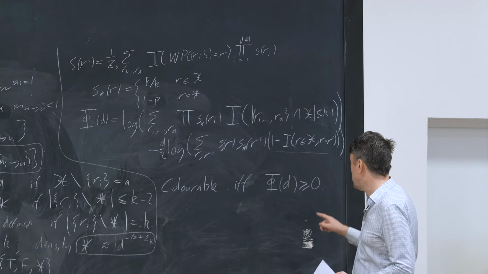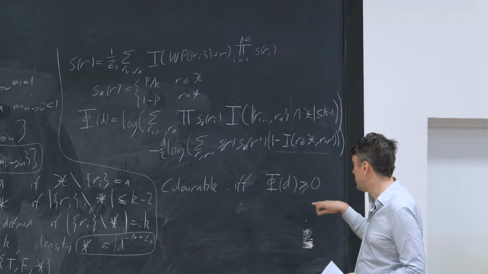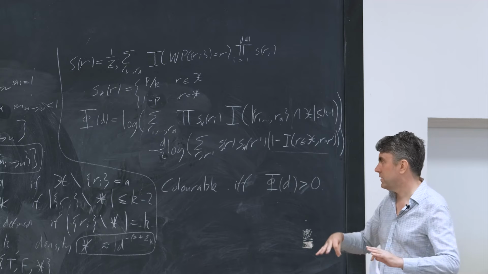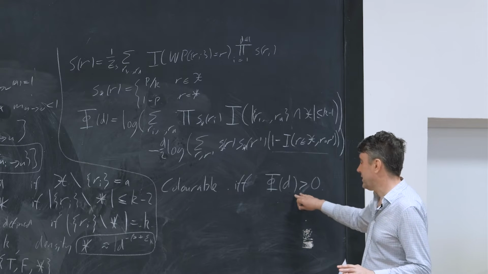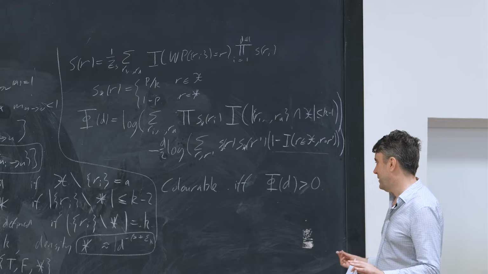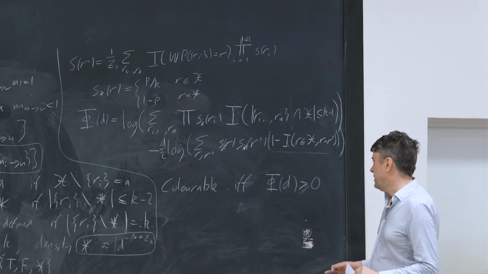Well, let's say greater than 0. If it's greater than 0, this should say we should have an exponential number of these clusters of colorings. If it's less than 0, it should be exponentially unlikely to find any colorings.